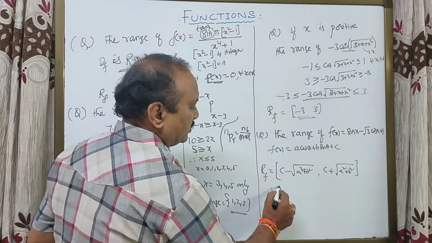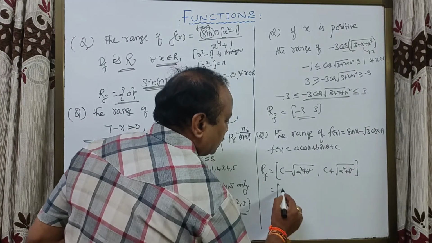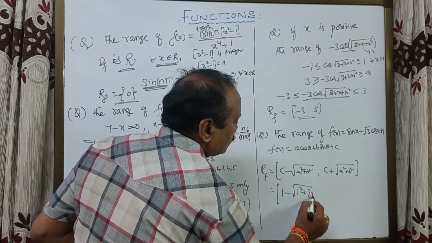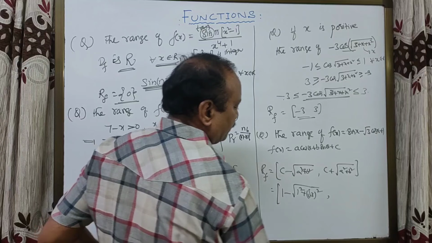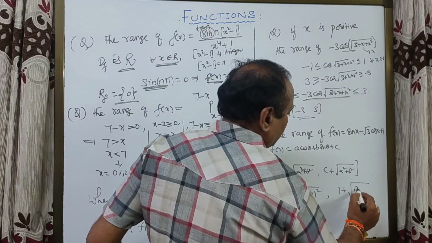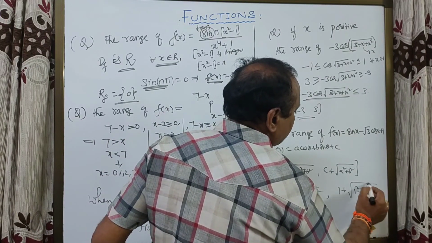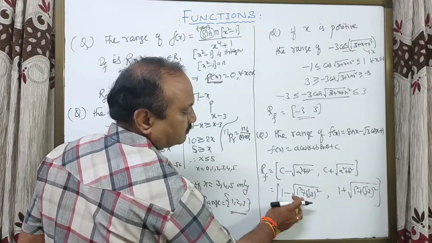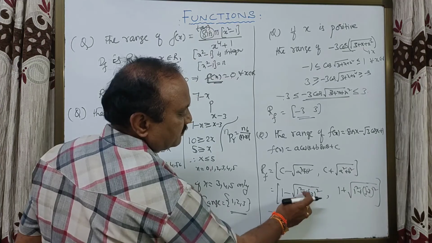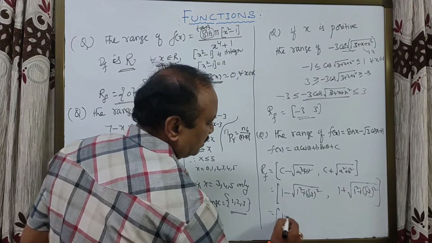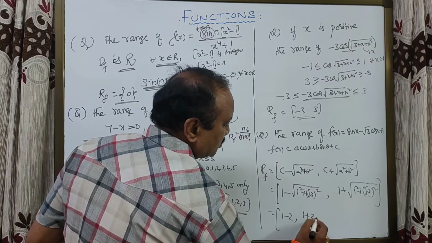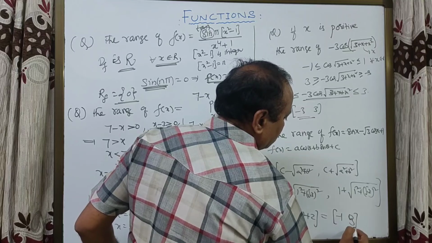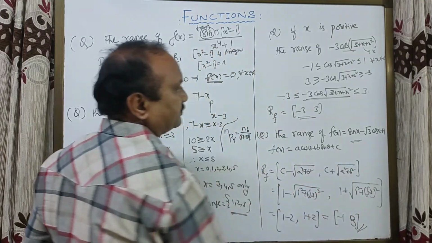Here the c value is 1, so the range is 1 minus root of 1 square plus root 3 whole square, to 1 plus root of 1 square plus root 3 whole square. Root 3 whole square is 3, plus 1 is 4, root 4 is 2. So 1 minus 2, 1 plus 2, which equals minus 1 comma 3. This is the range of this function.